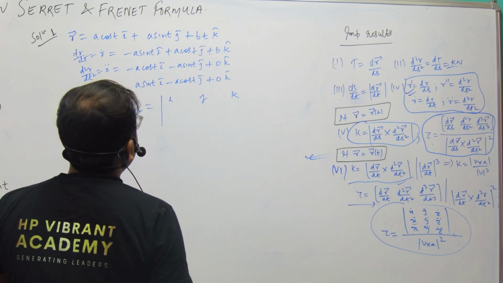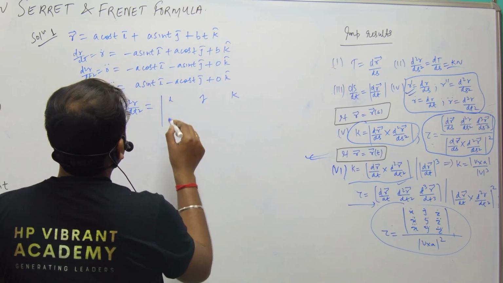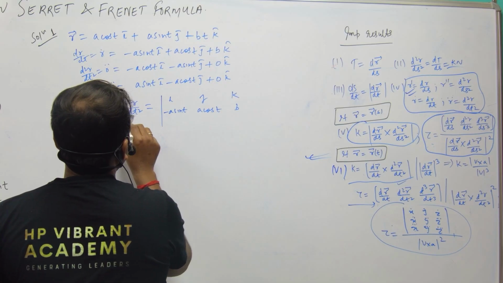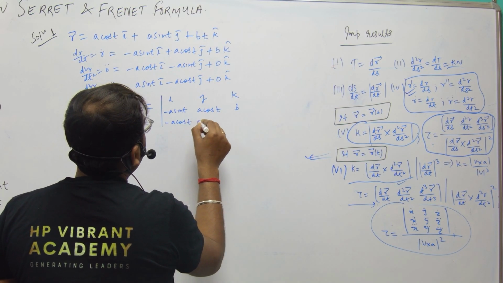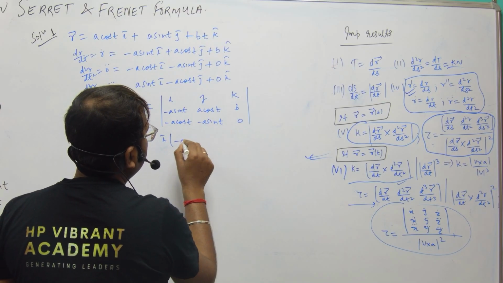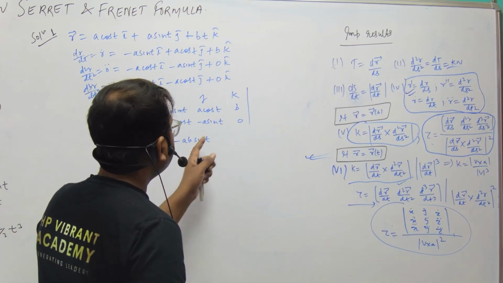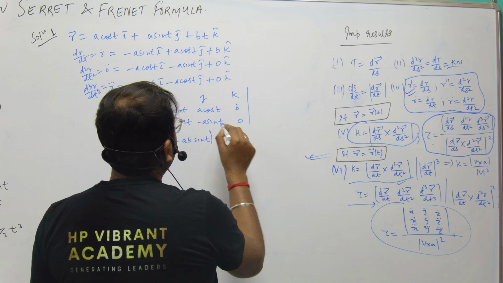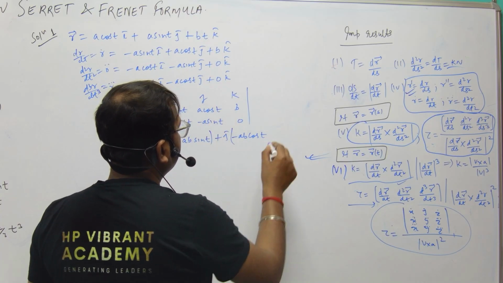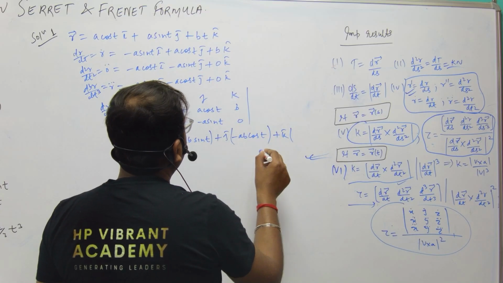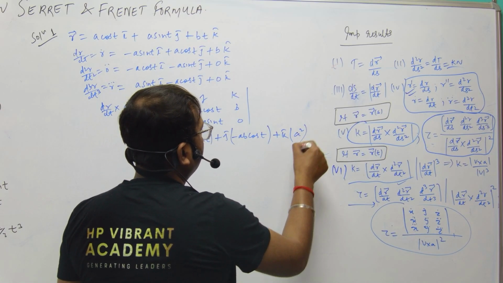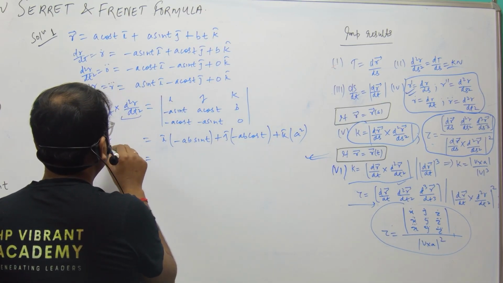The coefficients of the first vector are minus a sin t, a cos t, b, and of the second vector, minus a cos t, minus a sin t, 0. Expanding, we get ab sin t i cap minus ab cos t j cap plus a square sin square t plus a square cos square t k cap.